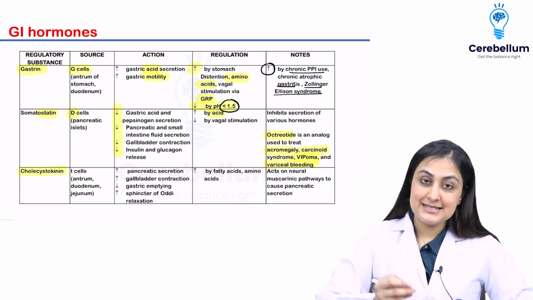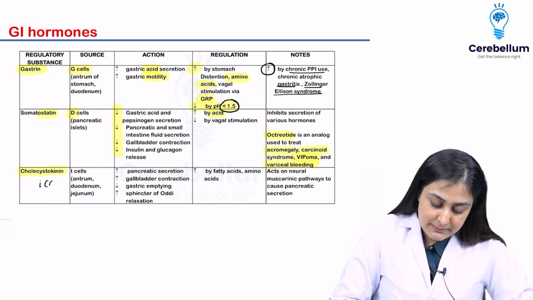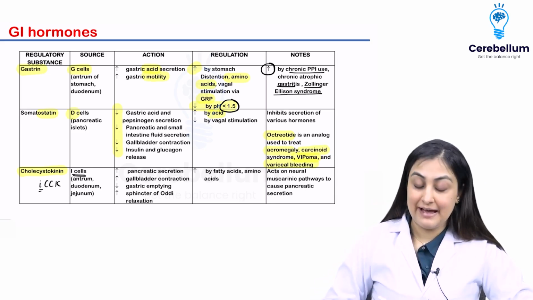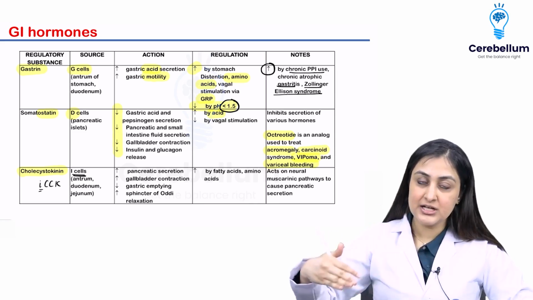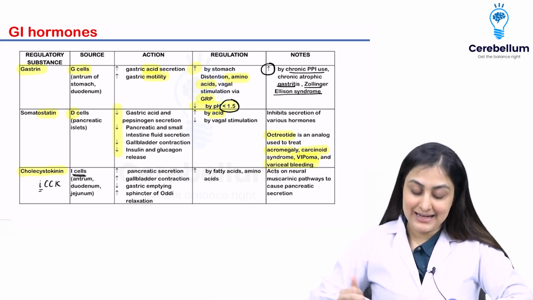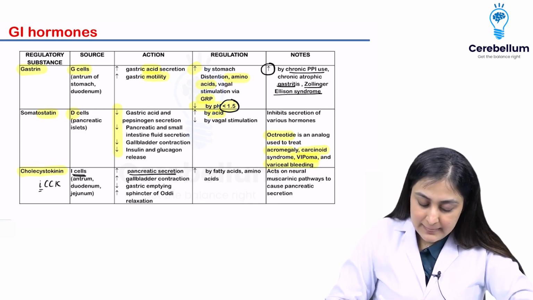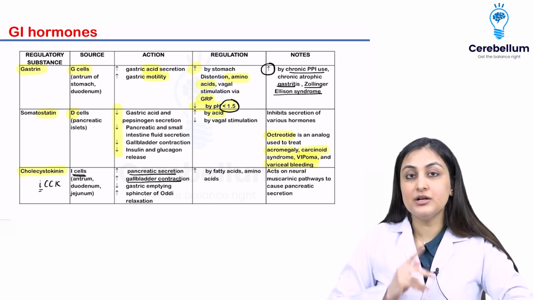Then coming to CCK, from this day you are going to remember I-CCK. So these are produced by the I cells, in the antrum, duodenum, jejunum, where CCK gets released. It stimulates downstream pancreas and gallbladder. So it increases pancreatic secretion and gallbladder contraction.